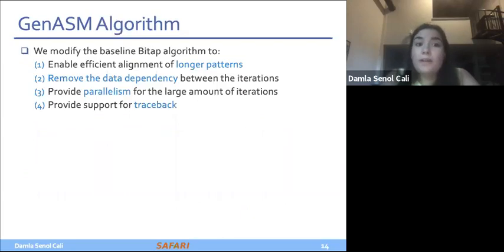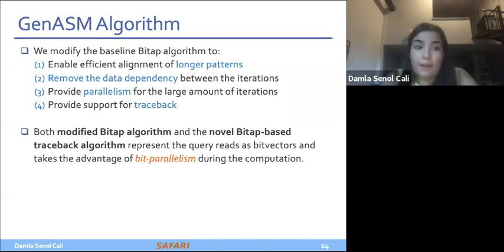So we modify the baseline Bitap algorithm for enabling efficient alignment of longer patterns, so longer reads, and removing the data dependency between the iterations and providing parallelism, and also providing support for traceback. And both our modified Bitap algorithm and the new traceback algorithm, since they are representing the query reads as bit vectors, we are also taking advantage of bit parallelism during the computation.